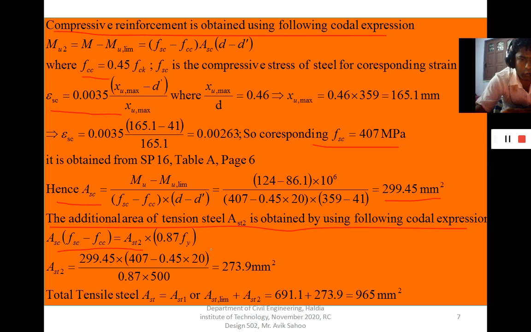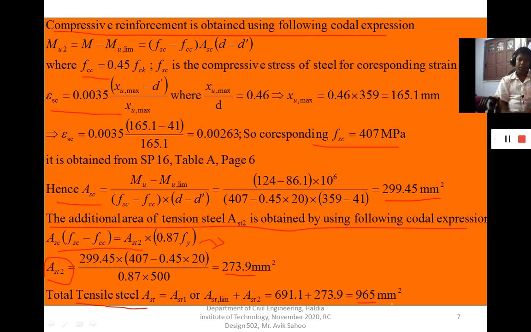So using that codal expression, we find out the additional area of steel, that is 273.9. So the total tensile steel is how much? That is AST1 or AST limiting plus AST2. So we get the total steel 965 millimeter square.